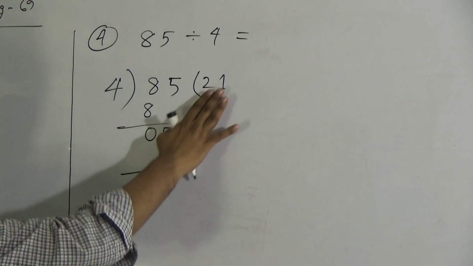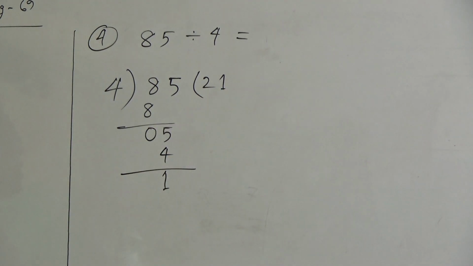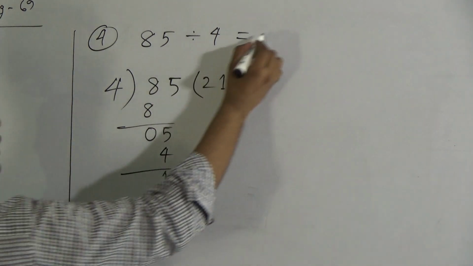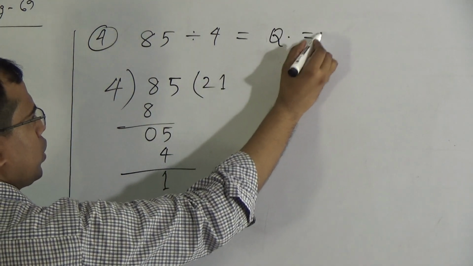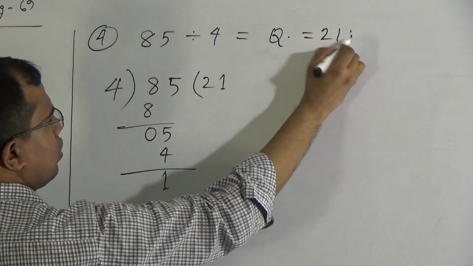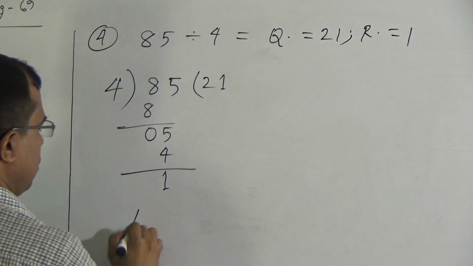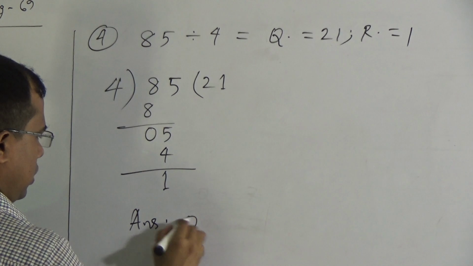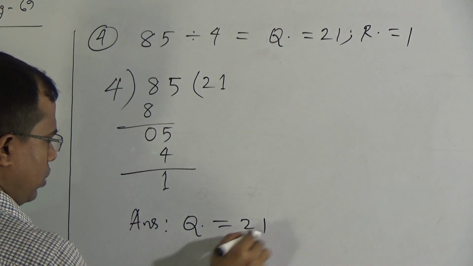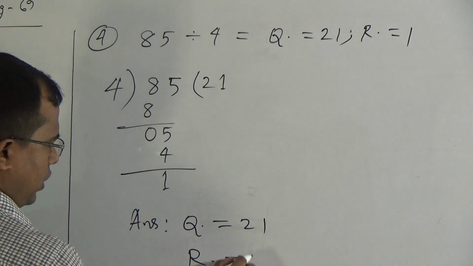So quotient 21 and remainder 1. Quotient 21, remainder 1. Answer: quotient 21, remainder 1.